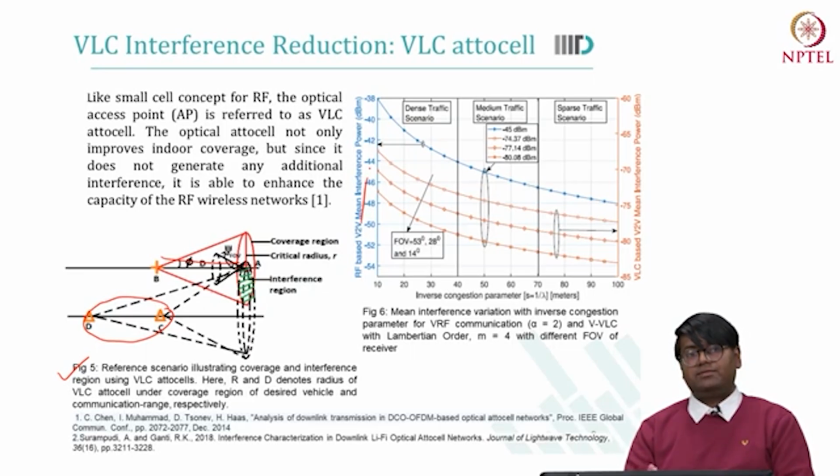The more you decrease the FOV of the receiver, the less the impact of average interference power. Then we also see that the optical interference observed in case of vehicular VLC is less as compared to the RF based mean interference power.